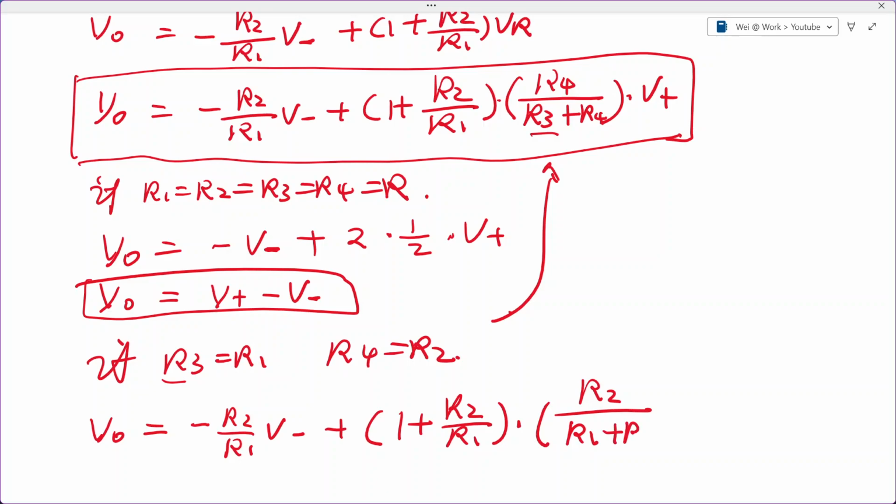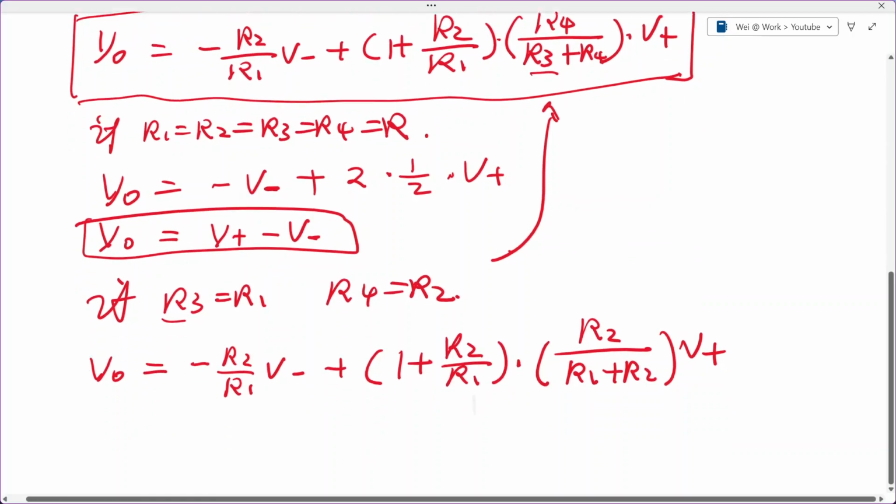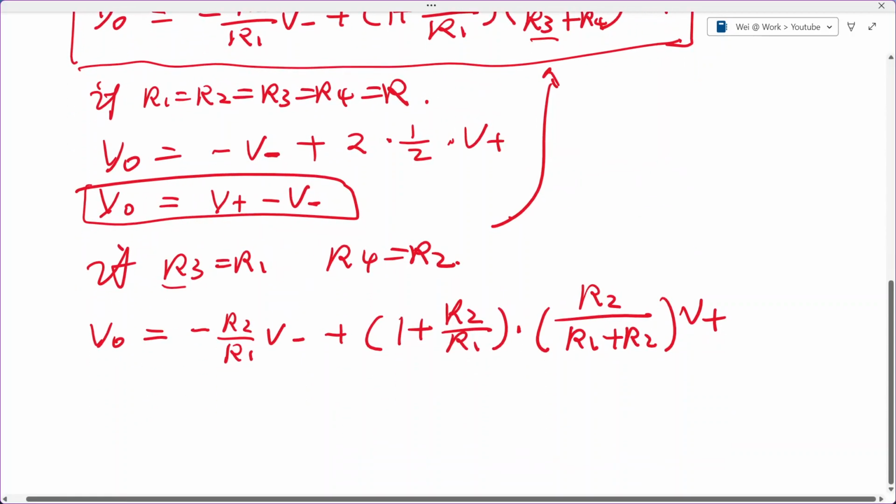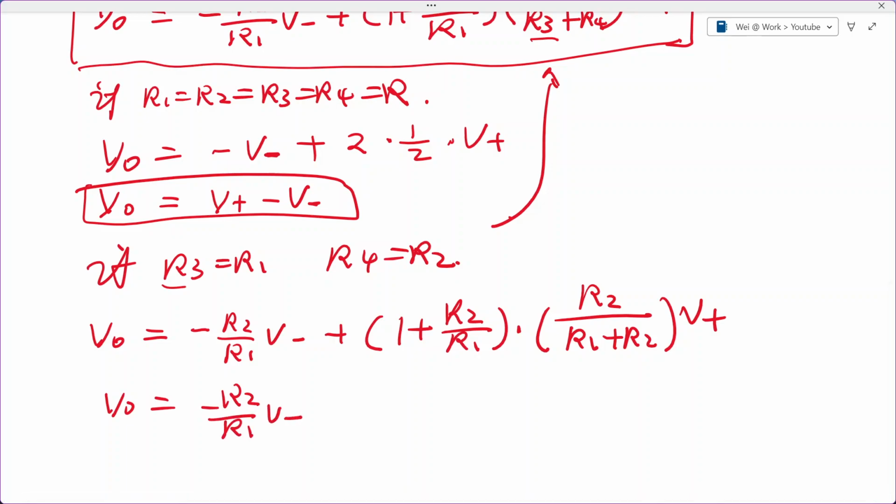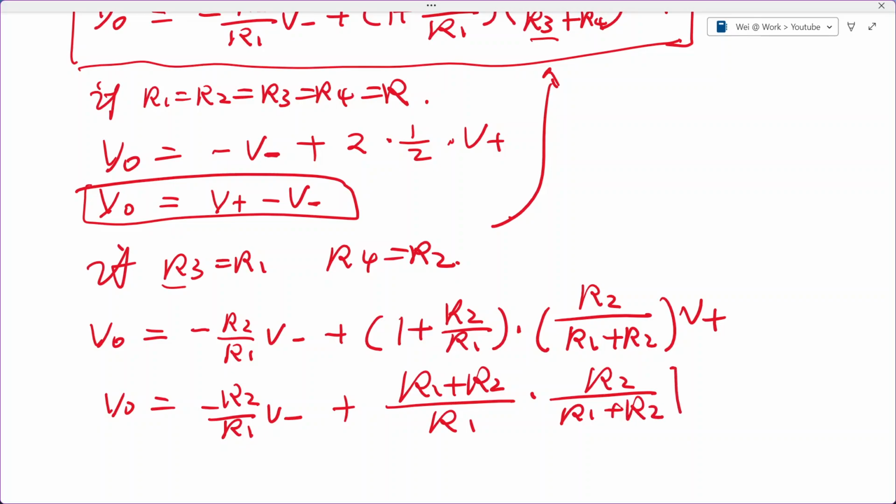So V out equals minus R2 over R1 times V minus, plus R1 plus R2 over R1 times R2 over R1 plus R2 times V plus. And this cancels.